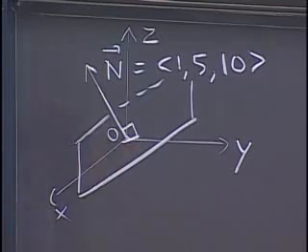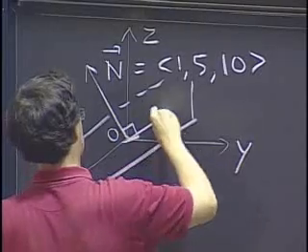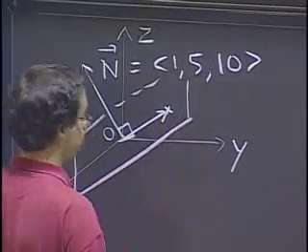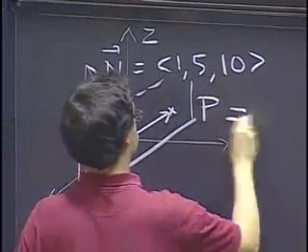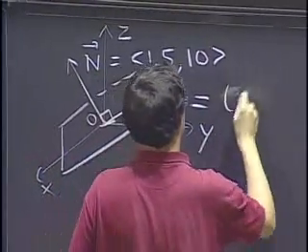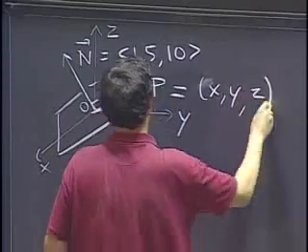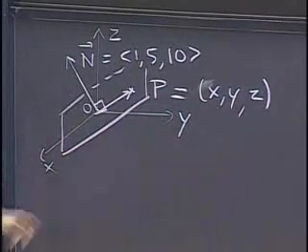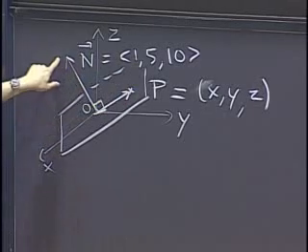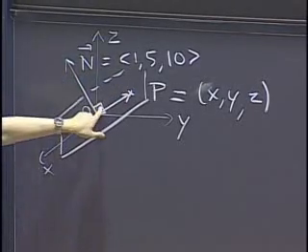Well, when is a point in that plane? Let's say we have a point P at coordinates x, y, z. Well, the condition for P to be in the plane should be that we have a right angle here.